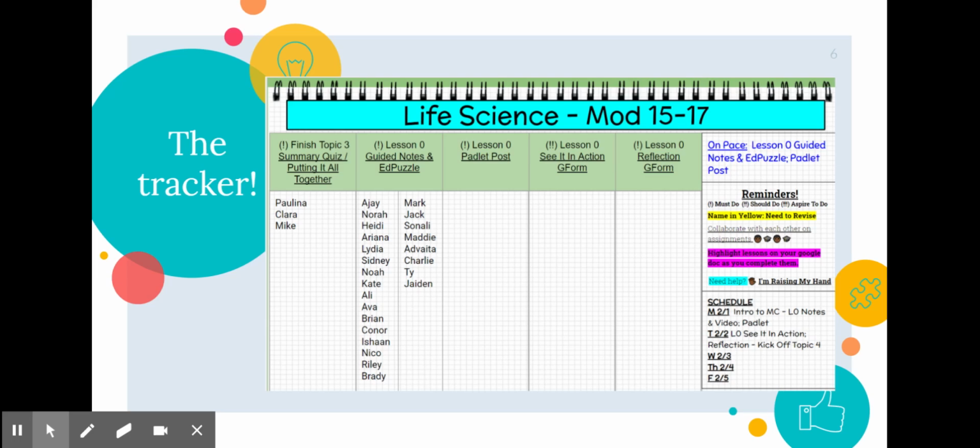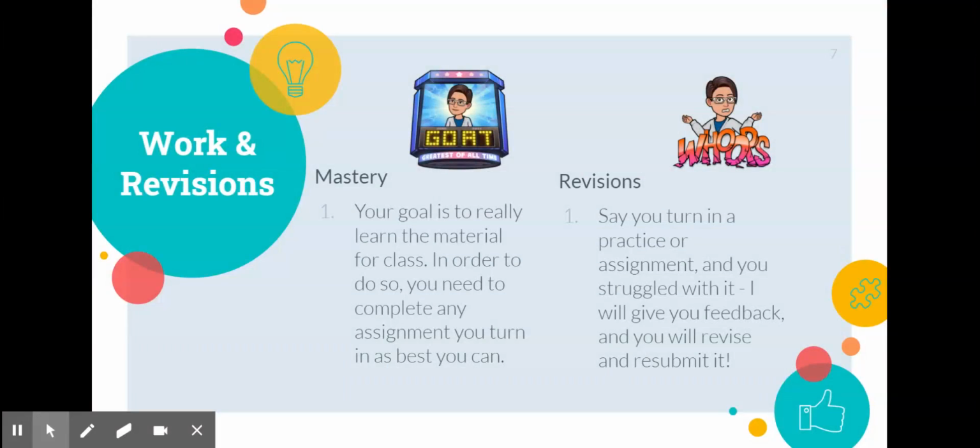If your name is highlighted in yellow, it means that you need to revise. And revising is an important part of the modern classroom. On your work, your goal is really to learn the material as best you can. It is always okay to revise any of your work.